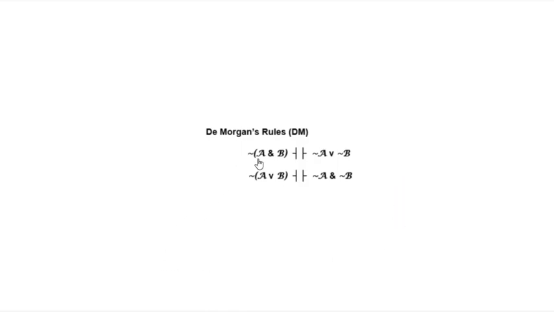It means that if you have it's not the case that A and B, then you can at any point substitute not A or not B. Alternatively, if you have not A or not B, you can at any point substitute it's not the case that A and B. Similarly, if you have it's not the case that A or B, you can at any point substitute not A and not B, and vice versa.